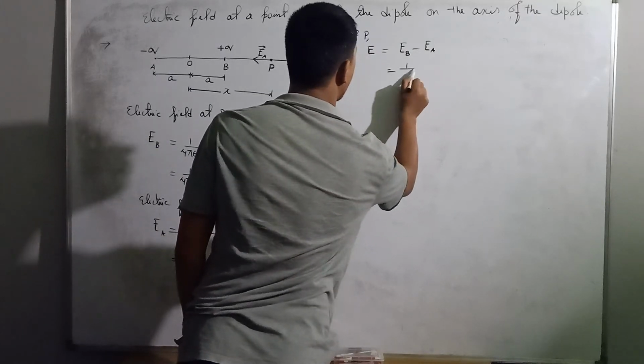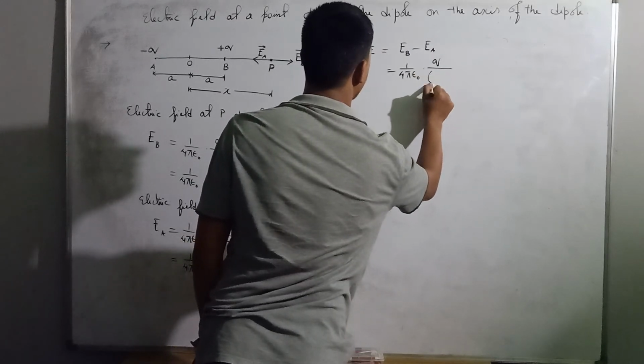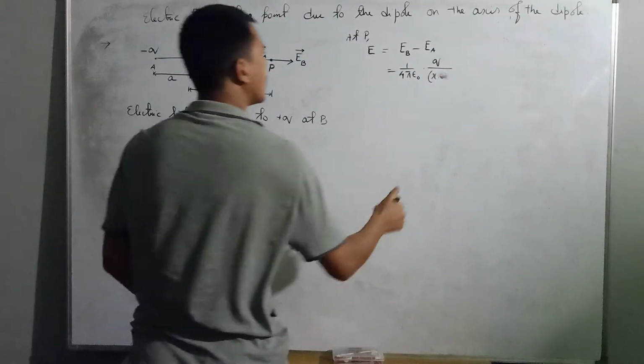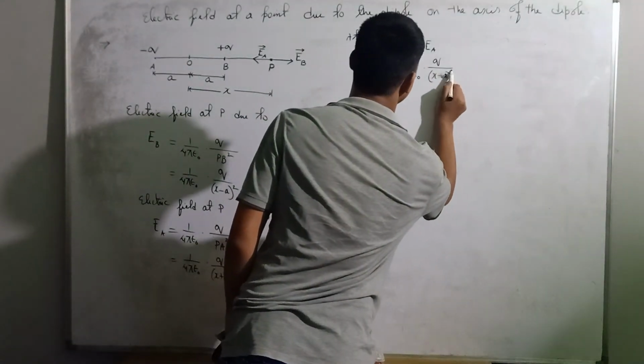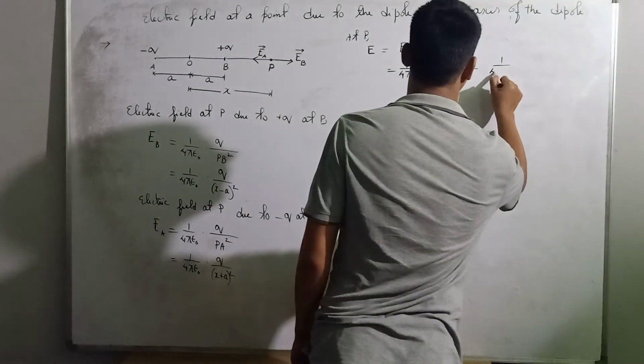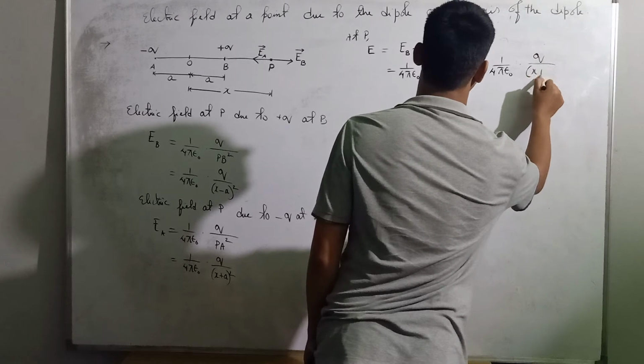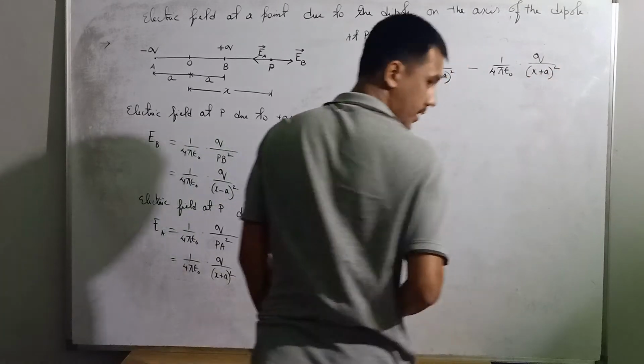EB means 1 by 4 pi epsilon naught into Q by x minus A whole square, minus 1 by 4 pi epsilon naught into Q by x plus A whole square.